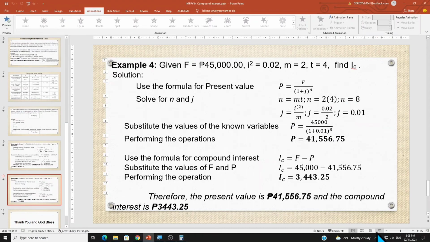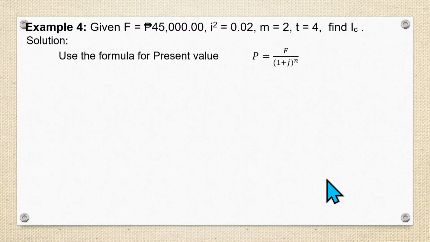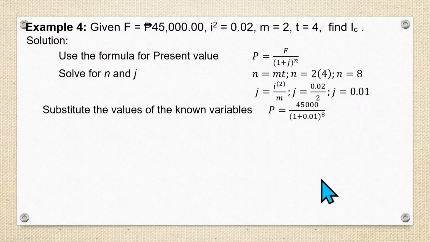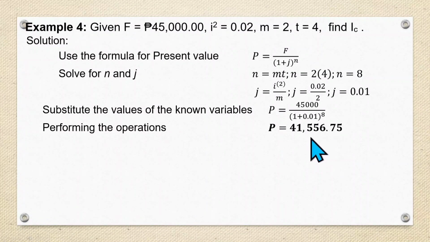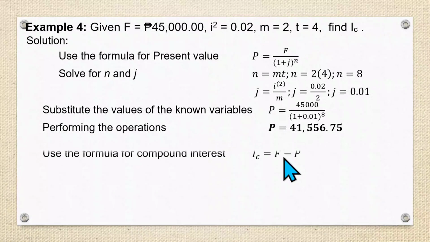We will have to divide the 45,000 by the product of 1.01 raised to 8. We will have an answer of 41,556.75.